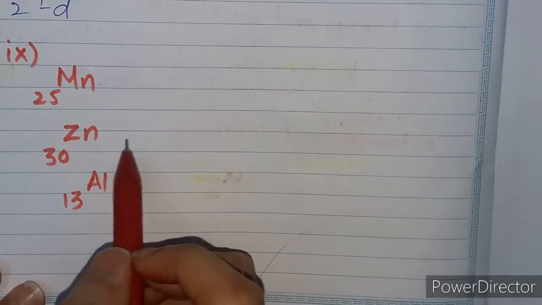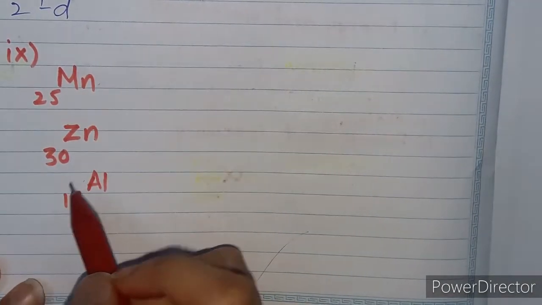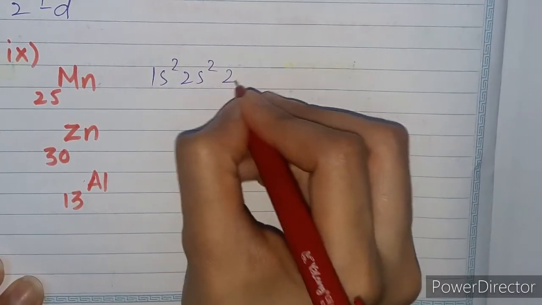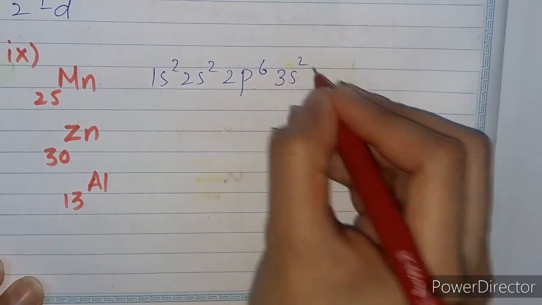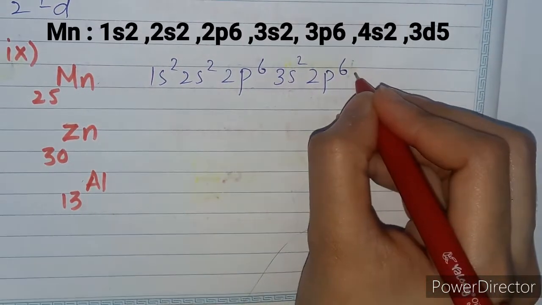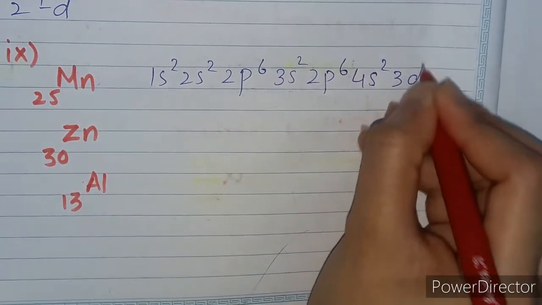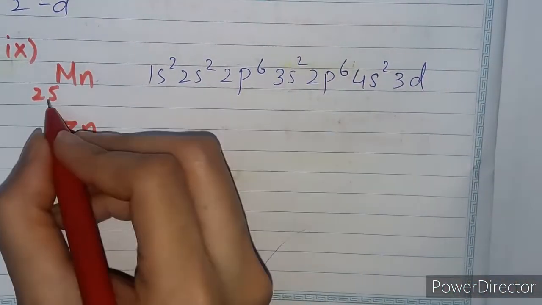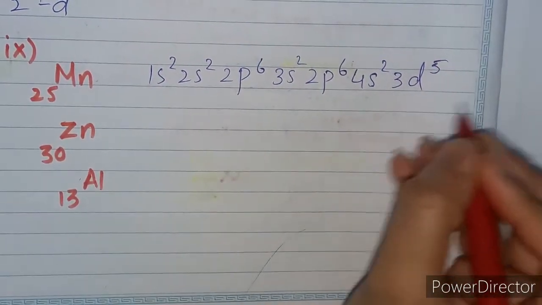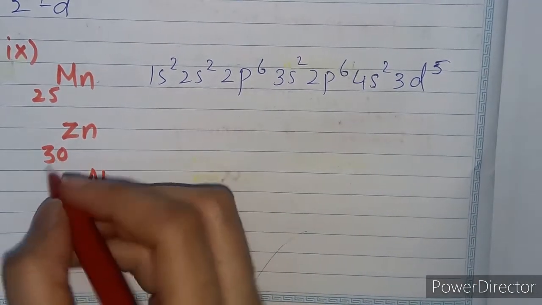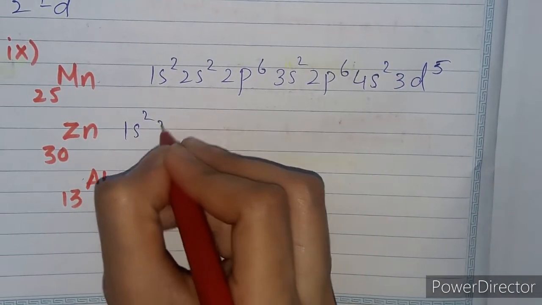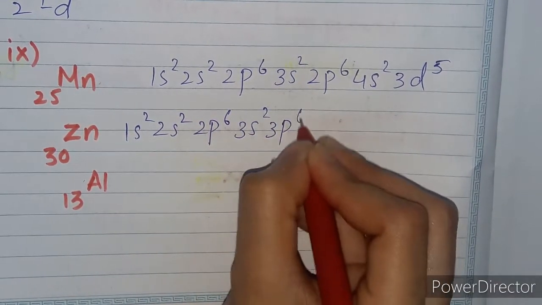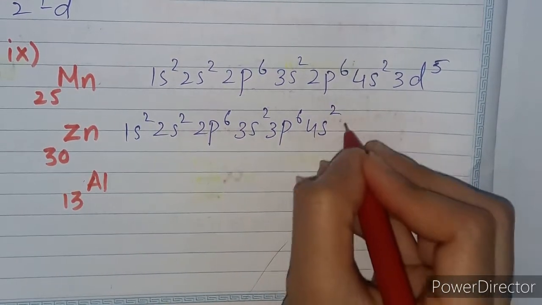Part number 9, we have to write the electronic configuration of these. So 1s2, 2s2, 2p6, 3s2, 3p6, 4s2 and 3d. We get till here 20, then we need 25, then here 5, then zinc 30: 1s2, 2s2, 2p6, 3s2, 3p6, 4s2, 3d.